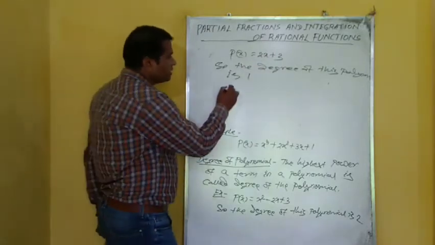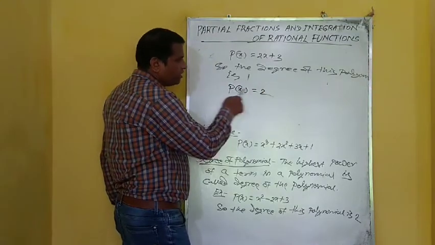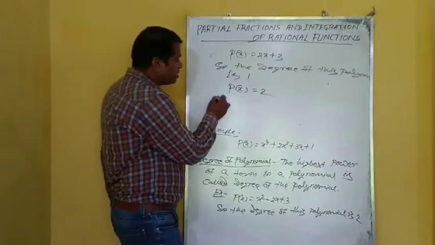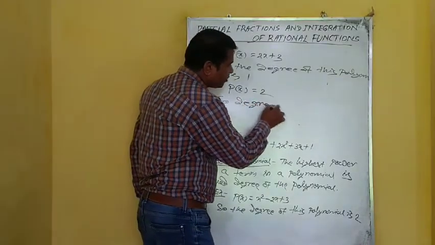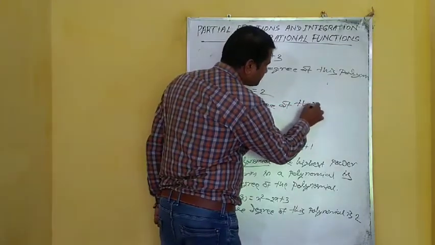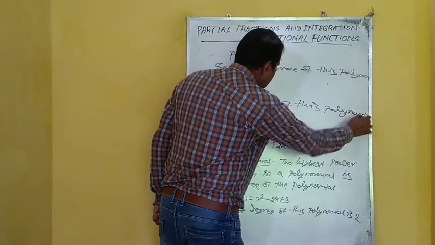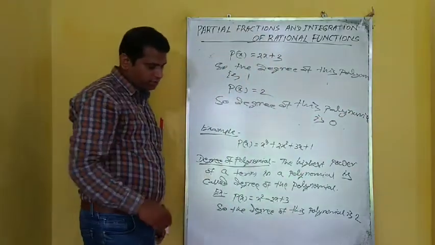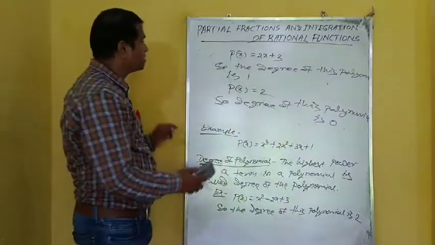Similarly, if we write p of x is equal to 2, it is a polynomial which is a constant, so its degree is 0. Okay, here the polynomial is a constant.